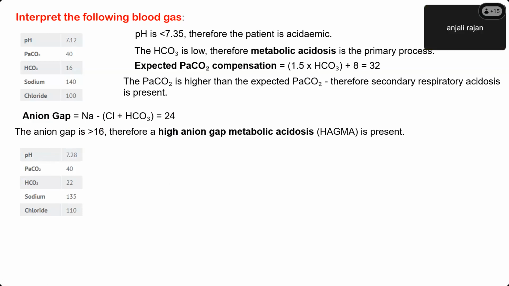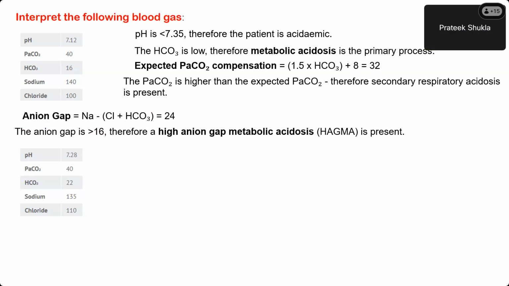Now the second problem. pH low, PaCO2 again normal, bicarb 22, sodium 135, chloride 110. High anion gap metabolic acidosis with appropriate respiratory compensation.